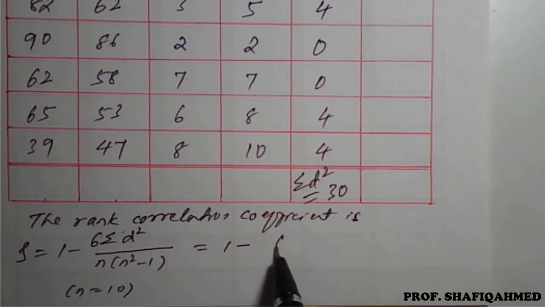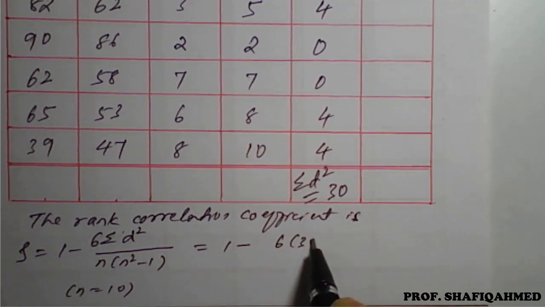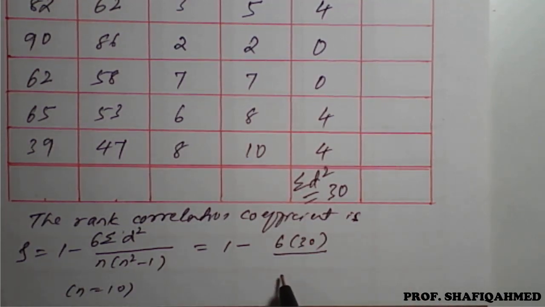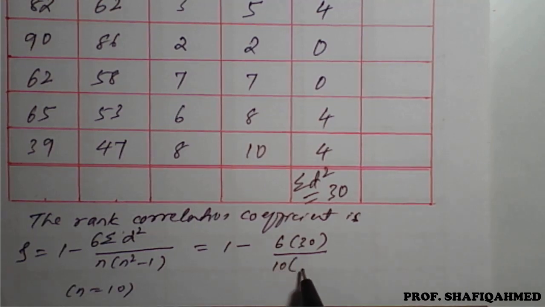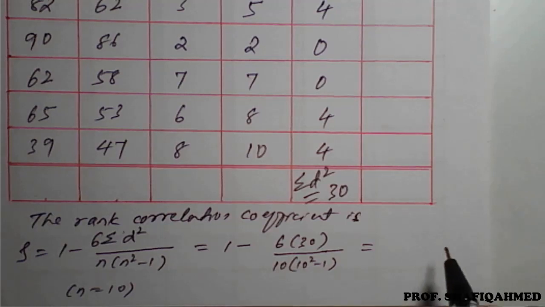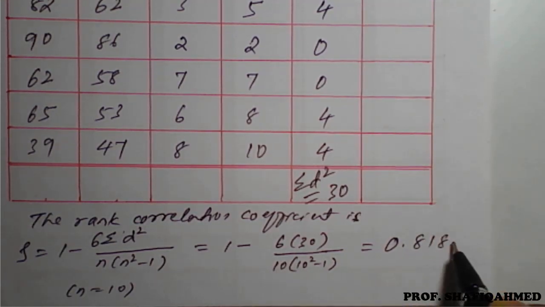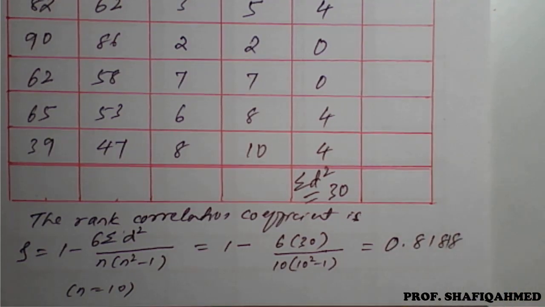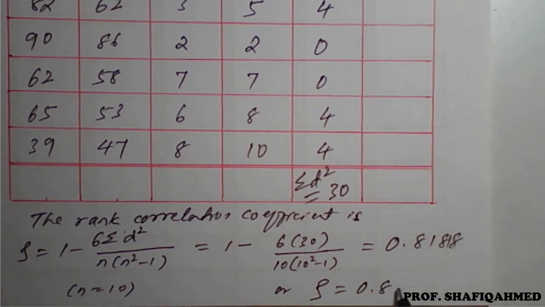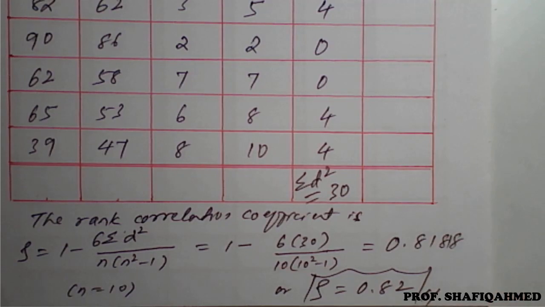So 1 minus 6 into 30 divided by 10 into (10 square minus 1). If you calculate, we'll get the answer 0.81818, so the rank correlation will be 0.82, up to 2 decimals.